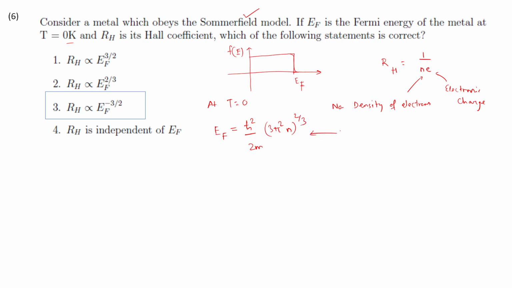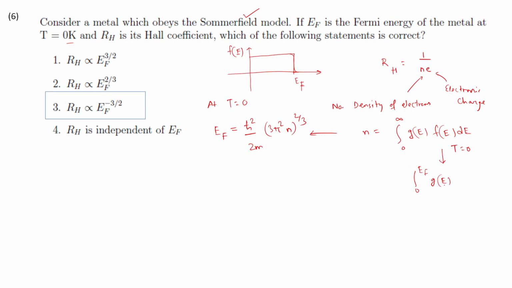So this you can easily derive by using the fact that the number density of electrons will be given by the integral from 0 to infinity of the density of states and the occupation probability dE. Now if you use the fact that T equal to 0, this integral will become 0 to EF, because beyond it everything is 0.